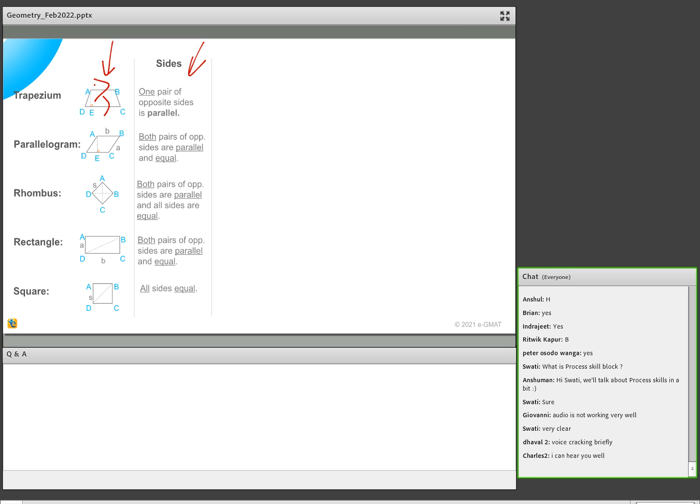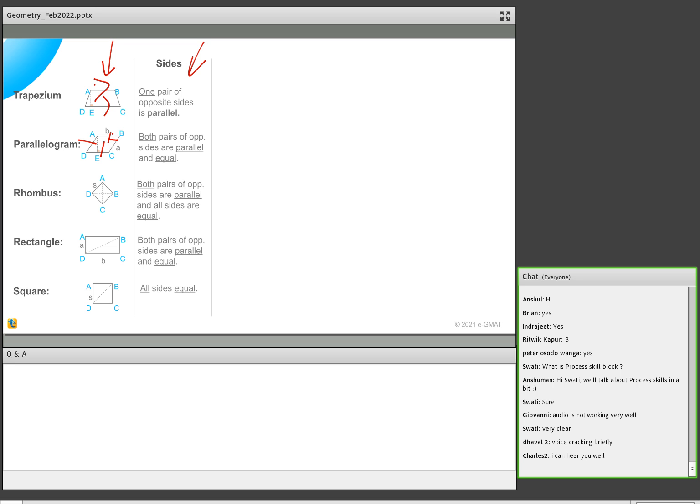Parallelogram, two pairs of opposite sides. Both pairs of opposite sides are parallel and they're equal. In other words, this AB is parallel to this CD, this AD is parallel to this BC. Very simple. Rhombus, the difference is a rhombus is also a parallelogram, but all the sides are equal. Fundamentally, a rhombus is to a parallelogram what a square is to a rectangle.